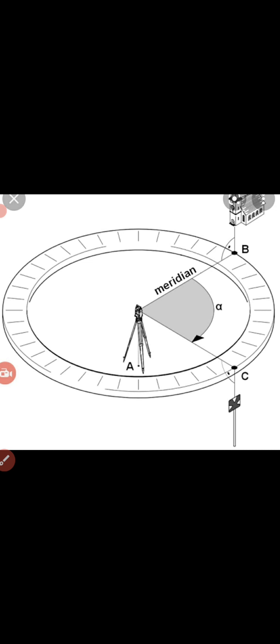Similarly, repeat this procedure in right face left swing. So in the first, you have done it as left face right swing. Next you will be doing it in right face left swing.